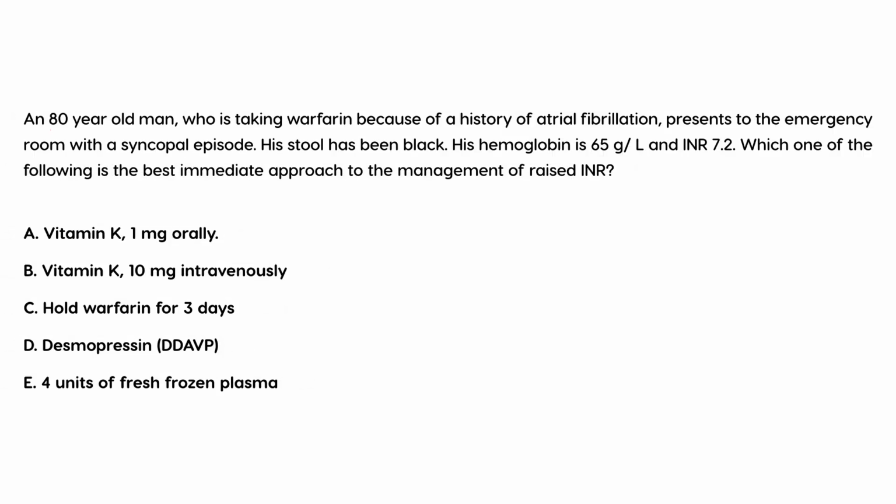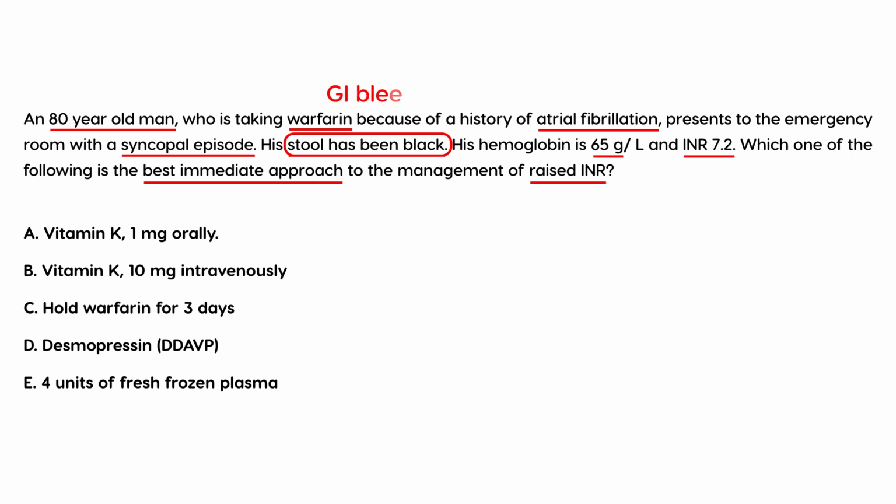Next question. An 80-year-old man who's taking warfarin because of history of AFib presents to the ER with a syncopal episode. His stool has been black. His hemoglobin is 65 and INR is 7.2. Which of the following is the best immediate approach to the management of the raised INR? Well, his stool being black makes me think of a GI bleed, in particular an upper GI bleed.